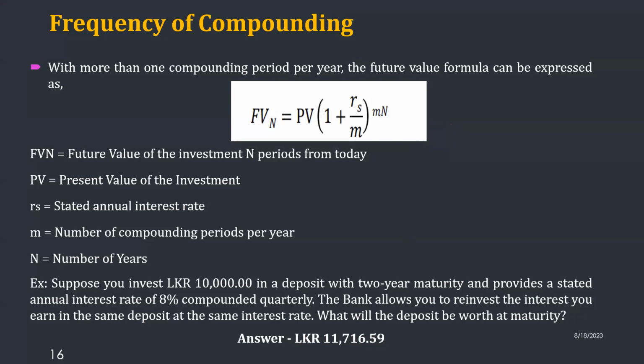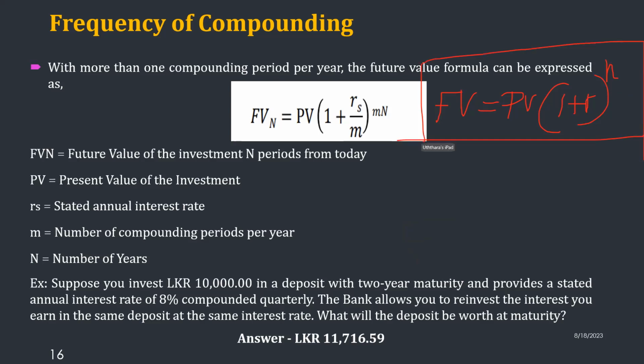The formula that you are using is: future value equals present value into 1 plus r to the power n. That is where the frequency is only one time period.